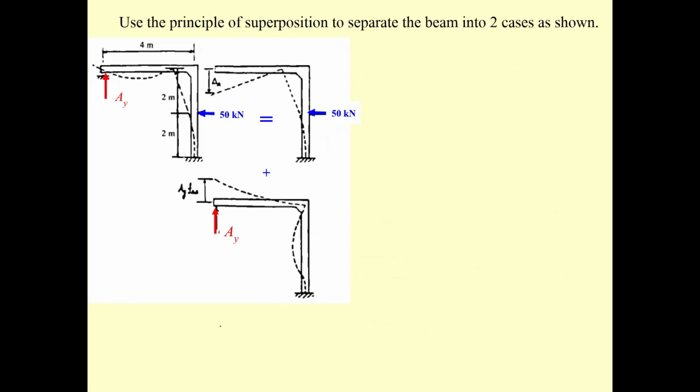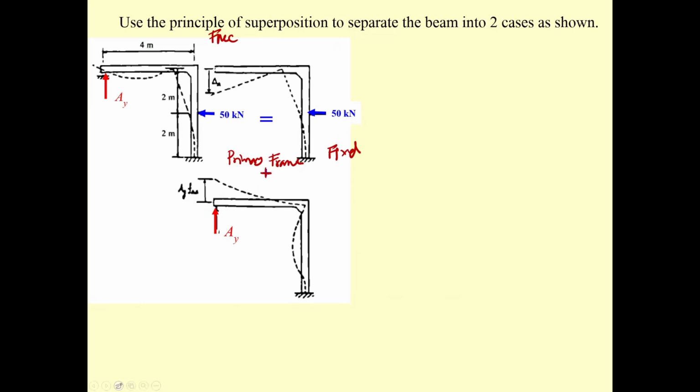For example, taking a look at this graph, you separate this graph, we call it the primary frame. The primary frame is the statically determinate frame, free and fixed, subjected to the external load. And then there is another frame subjected to the redundant force.